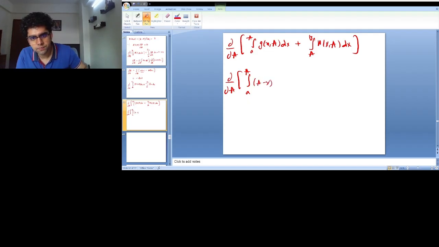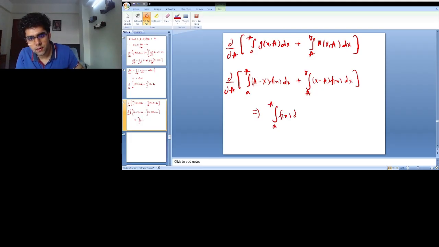(A minus x) f(x) dx plus h(x, a), so (x minus a) f(x) dx, the value of this whole expression becomes the integral from small a to capital A of f(x) dx, and negative of the integral from capital A to small b of f(x) dx, right?